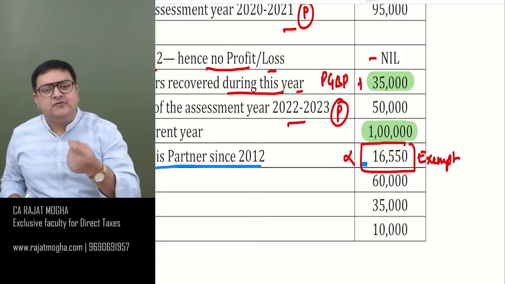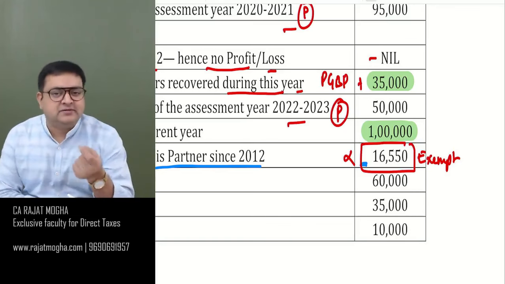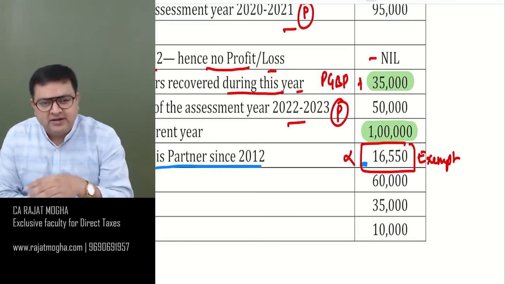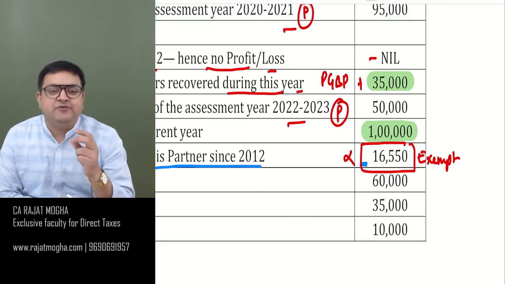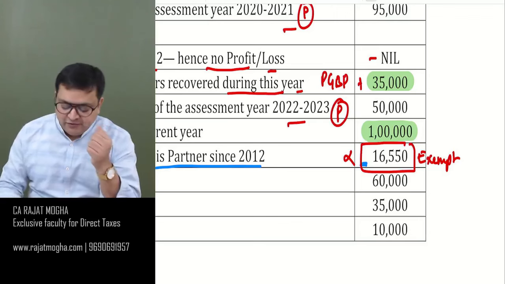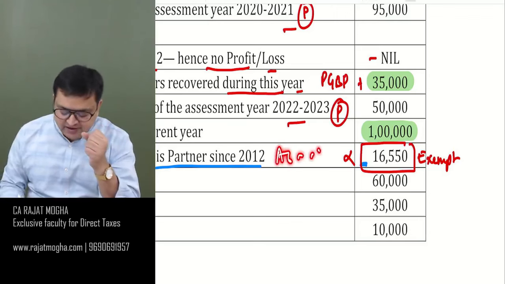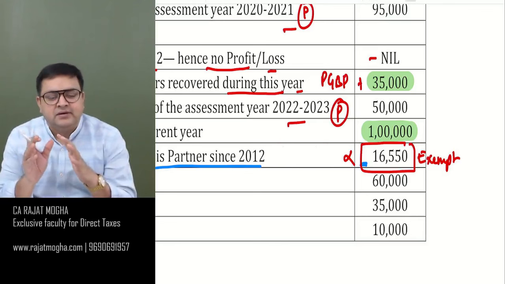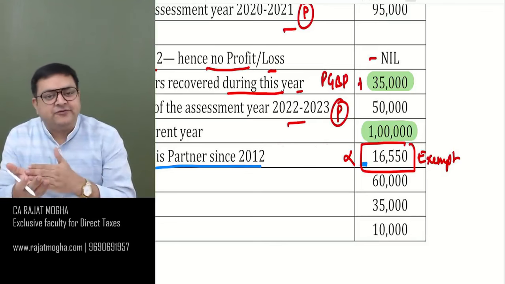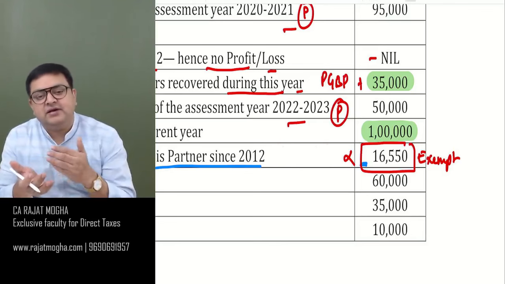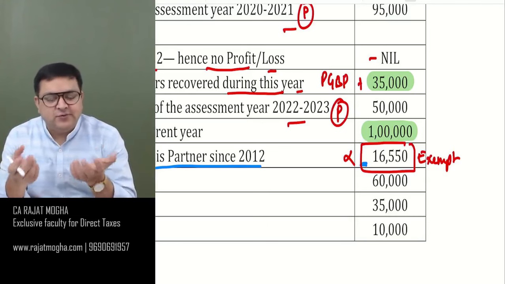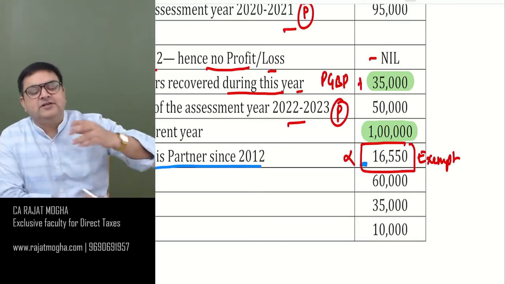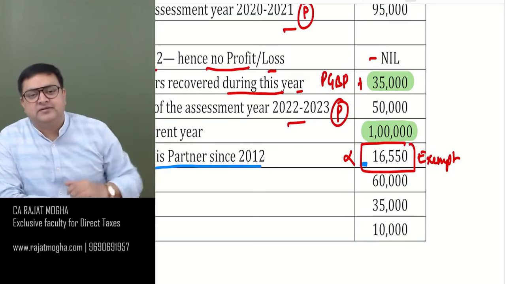It is again one of the important points in this particular question. Not exactly in this question, but in this type of question, the examiner will confuse you. Whenever you find agriculture income from India, it is exempt, whether it is positive or negative. So if the examiner gives you agriculture income from India as negative, the mistake students make is that they set off these losses from PGBP or other heads.